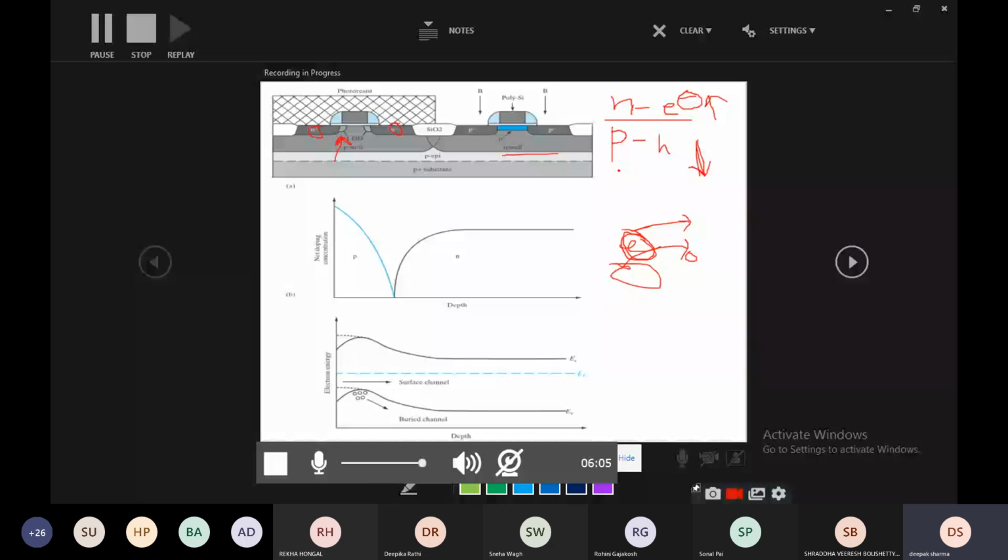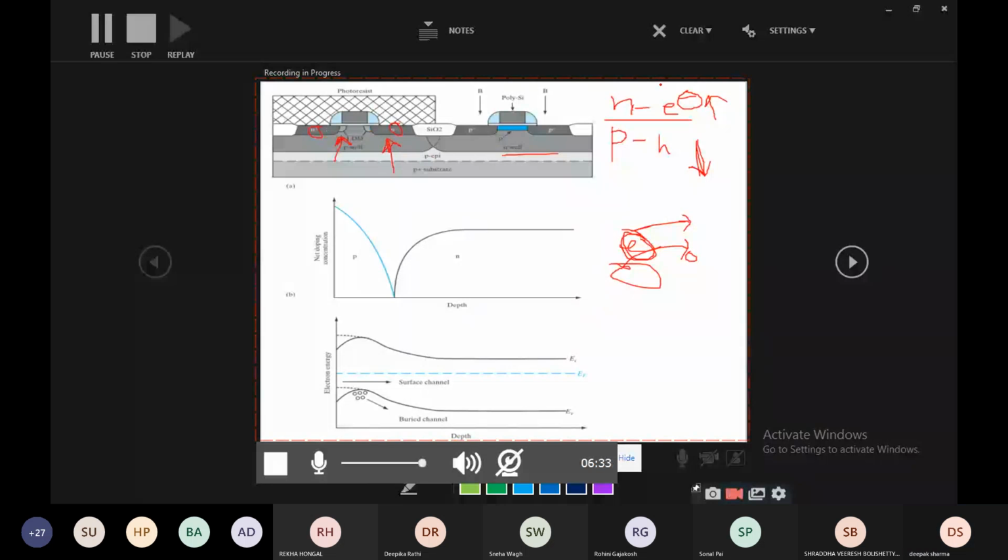So, LDD is usually preferred in N-type MOSFETs. It is optional for us, no doubt, but it is preferred in N-channel MOSFET. Why? Because in N-type MOSFET, electrons are the majority carriers, which flow from the source to the drain, right? Hence, we know electrons have high mobility compared to holes.